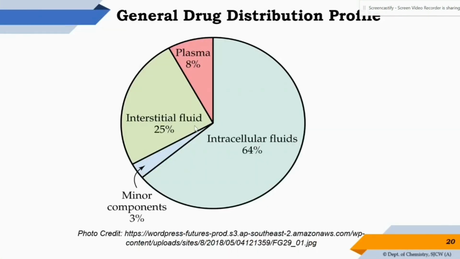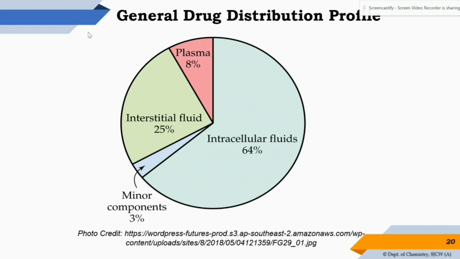Okay, we can see that intracellular fluids will have the highest volume of distribution. Once the drug is released out, 64% is likely to go into the cell, intracellular. And interstitial fluid means the fluid that is present in between cells and outside the blood vessel. It is not part of the blood vessel, outside the blood vessel and outside cells.